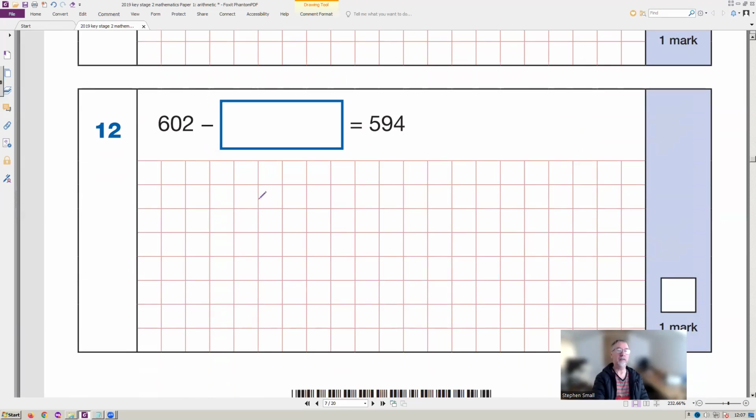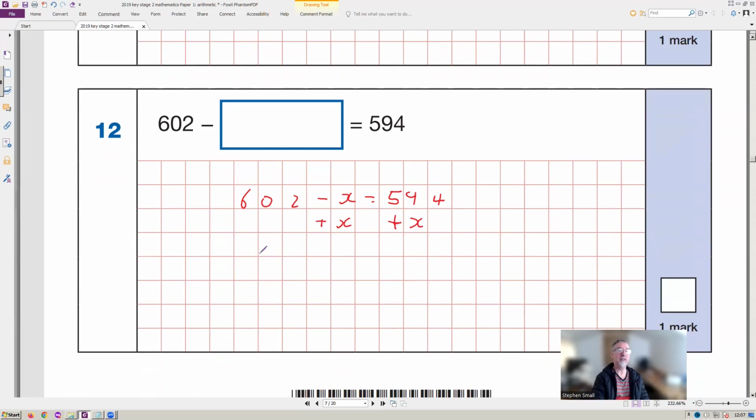The way we do this one, I'm going to do it like this. I'm going to go 602 minus x equals 594. I'm going to add x to both sides to get rid of the x from here. I don't want a negative x. Plus x there.